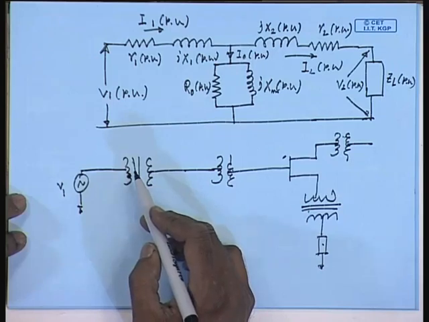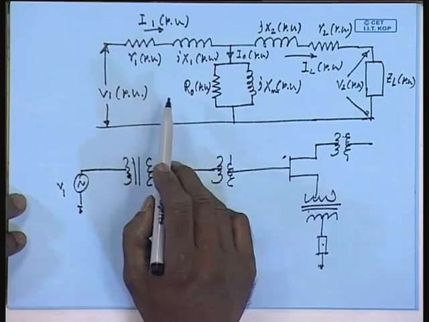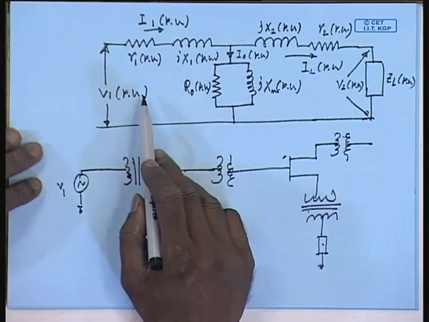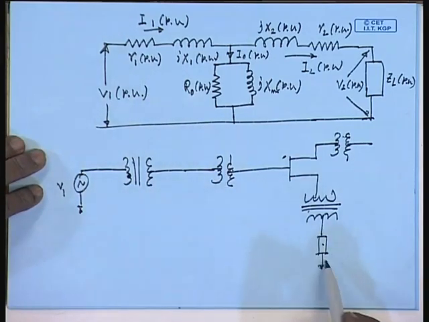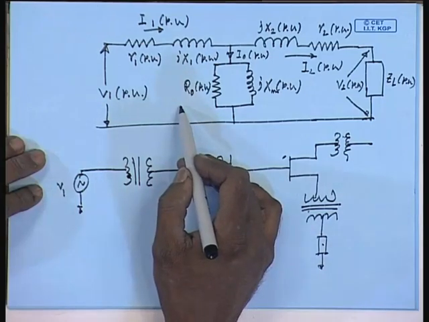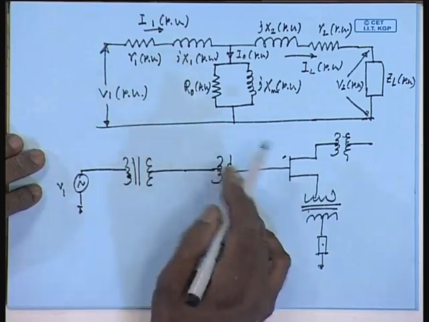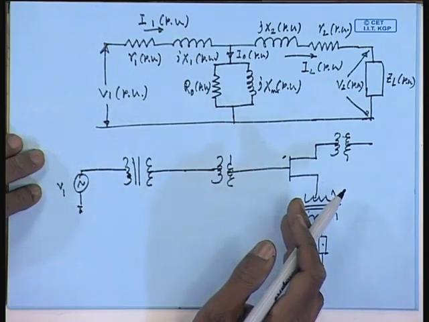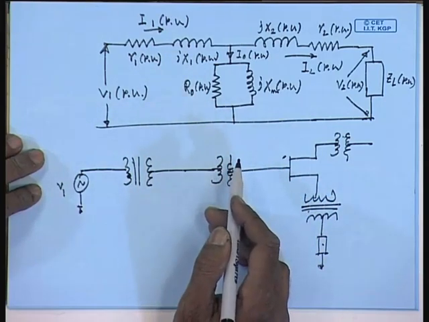Under such a situation, representing the parameters of the transformer or the load or the transmission line in per unit system is advantageous, because it does not involve referring the impedances to a single side.